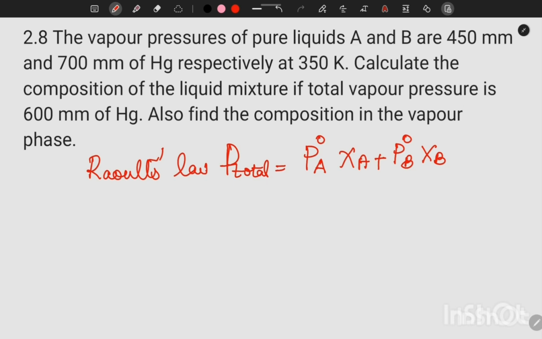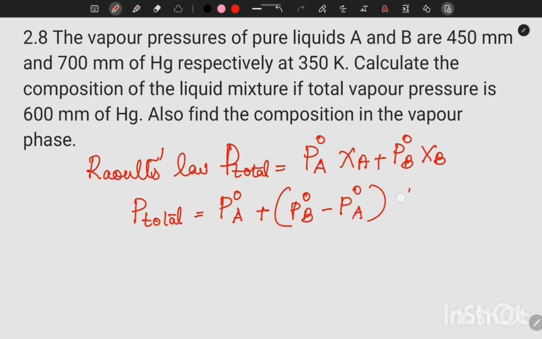Now total vapor pressure over the solution we can relate to mole fraction of any one component, since we know 1 minus chi A is equal to chi B. So P total is equal to P0A plus (P0B minus P0A) into chi B. Now let us substitute the values.